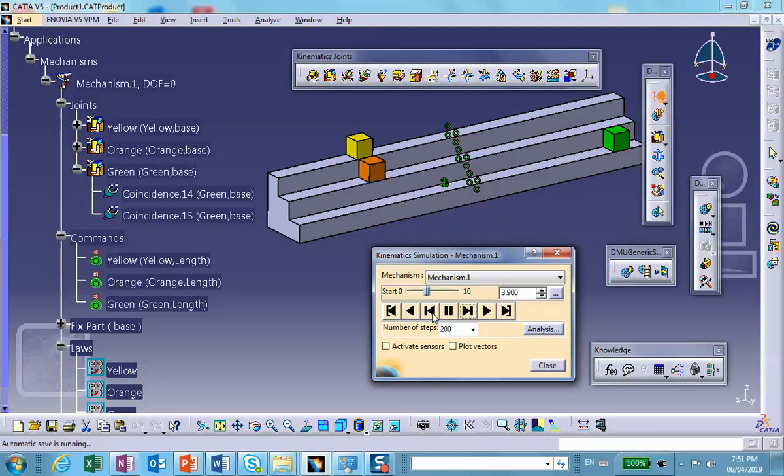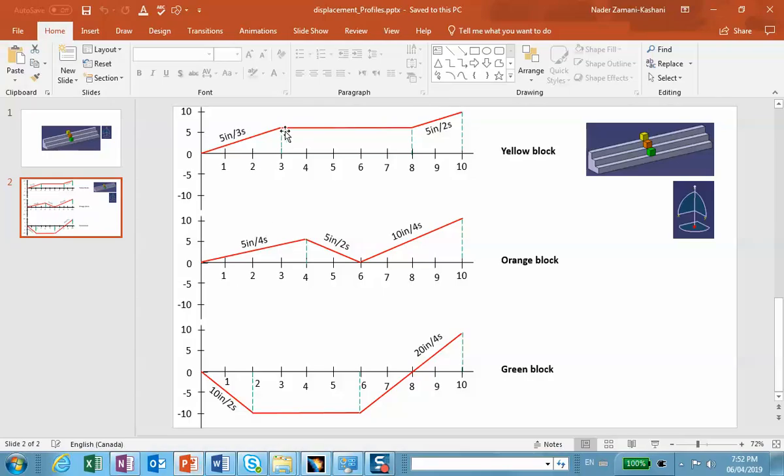I kind of lost track of these, so let's make sure that, okay, just look at this for a second. At 3 seconds, the yellow one should stay stationary, and the orange one should go to the right.